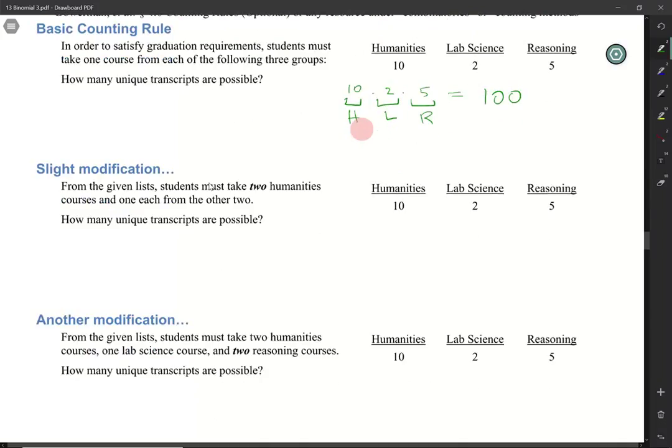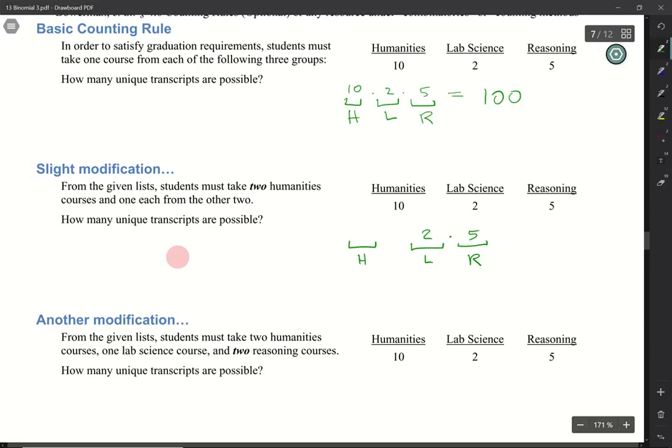So there's 100 unique different transcripts. Now if we modify this, given the list, students must take 2 humanities courses and 1 each from the other 2. How many unique transcripts are possible? Now we're talking about humanities, and then the lab science and the reasoning. Lab science and reasoning haven't changed.